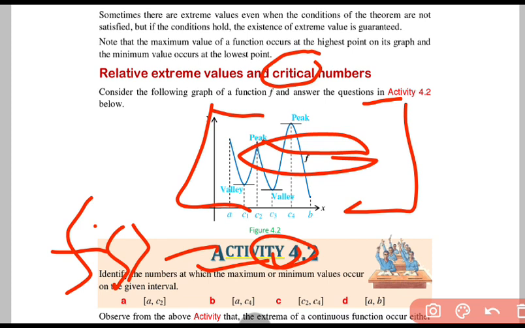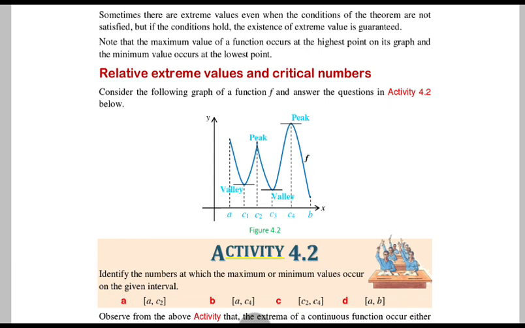The function we derived, when that number makes it equal to 0, when we got x's number, that x's number we got, we call the critical number.